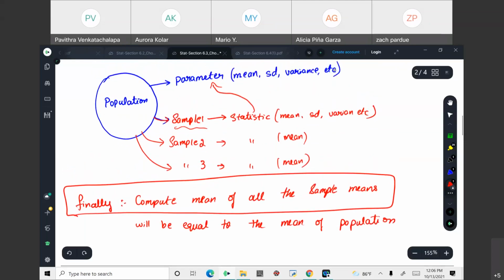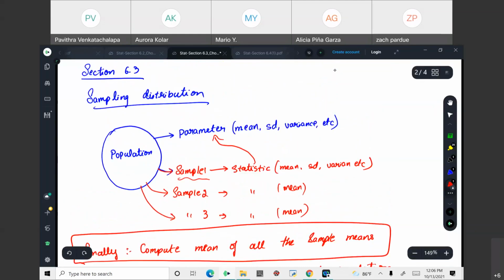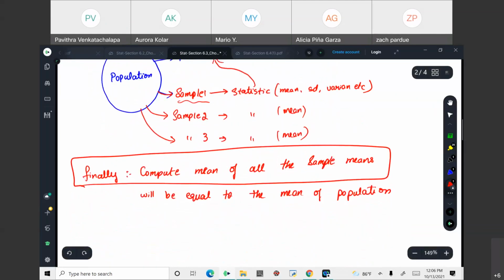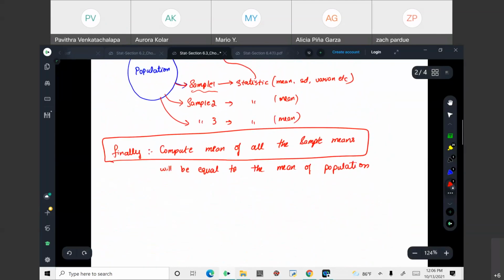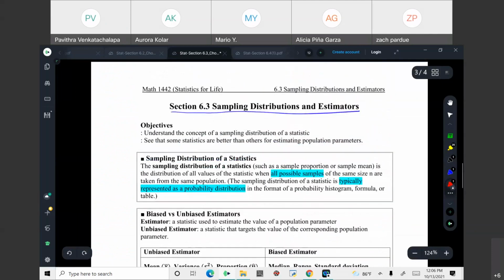Now this distribution, picking up the samples randomly and finding out the mean, is called the sample distribution. So this is the theory behind this.